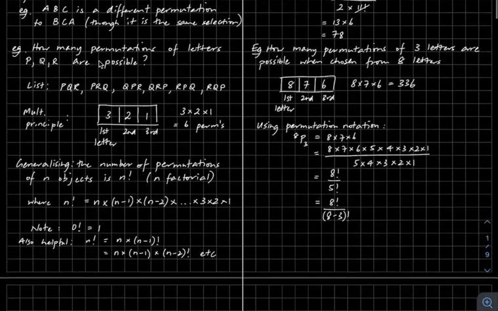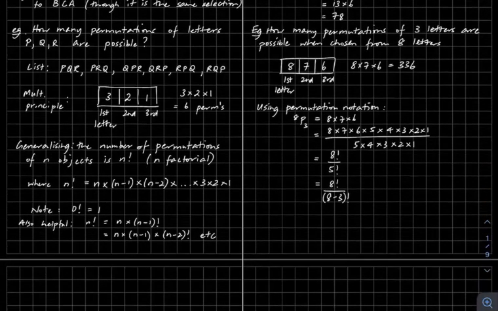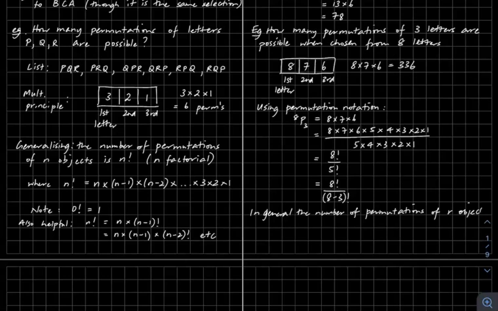Let me just use a little bit more space here and say, in general, the number of permutations of R objects chosen from N objects is NPR.